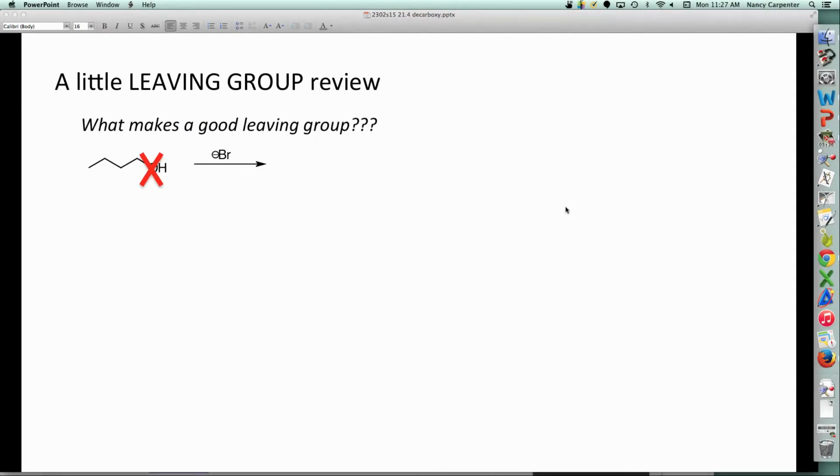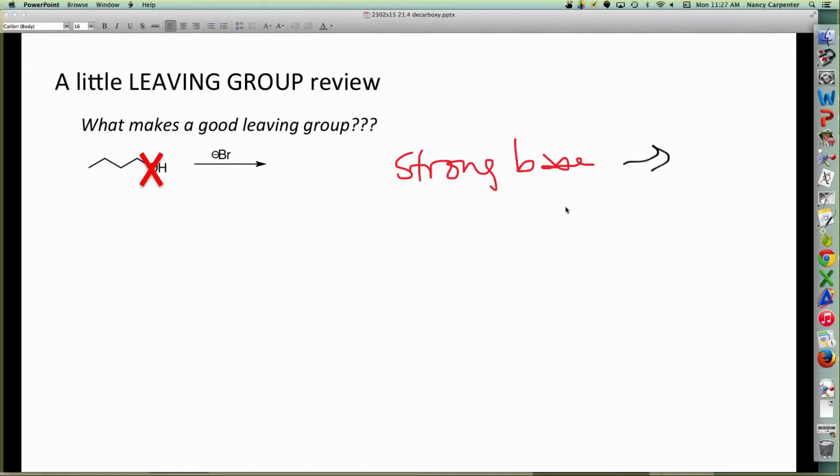Br minus cannot kick out OH minus because OH minus is not that happy with that negative charge. It's a strong base, which means it's a lousy leaving group.